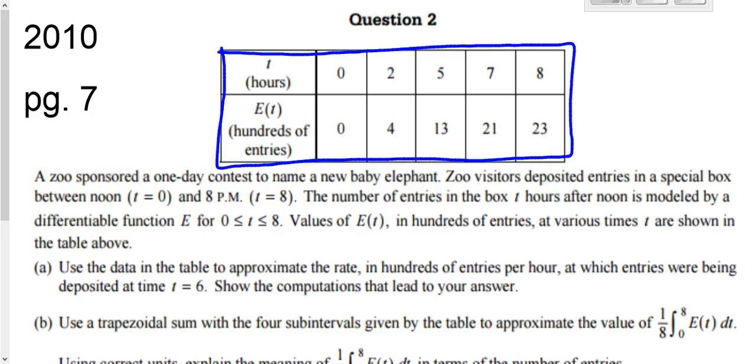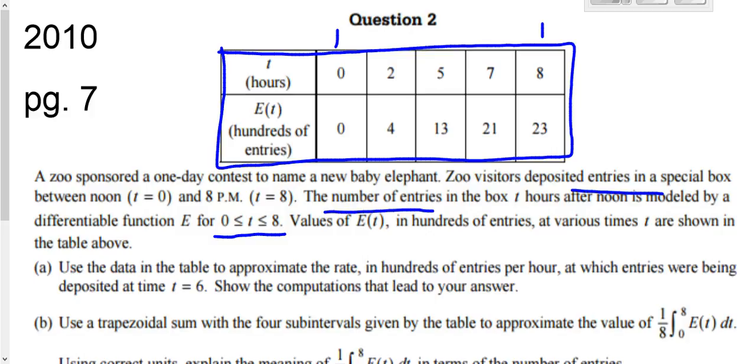A zoo sponsored a one-day contest to name a new baby elephant. Zoo visitors deposited entries in a special box, so we're talking about entries, between noon, so here's noon, and 8 p.m. Here's 8 p.m. The number of entries in the box, T hours after noon, is modeled by a differentiable function E for 0 to 8.